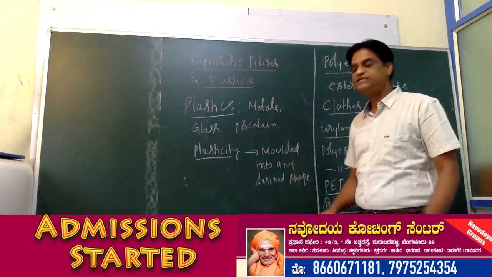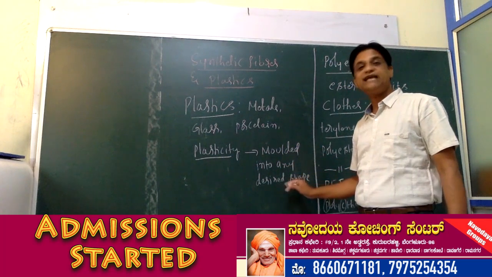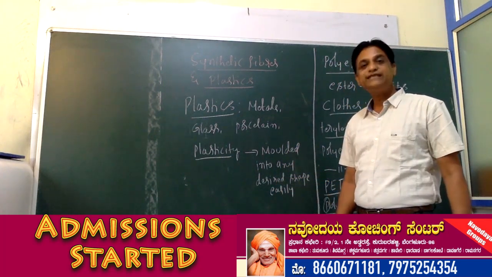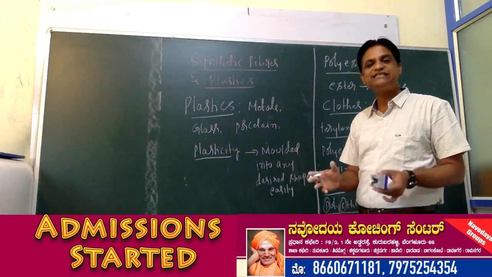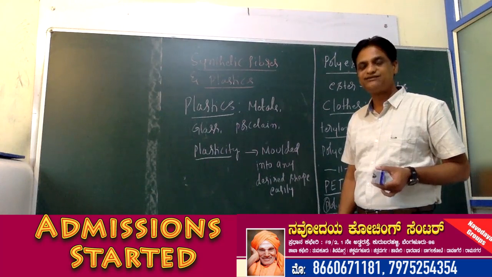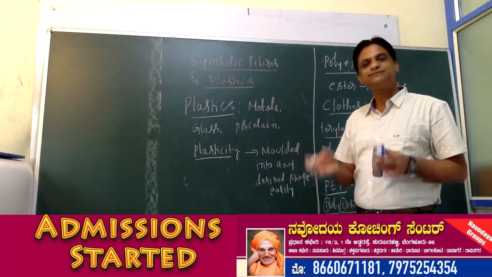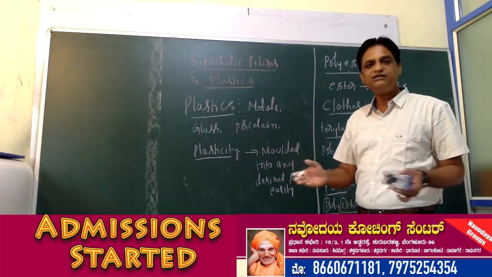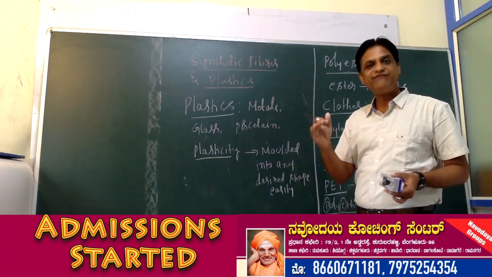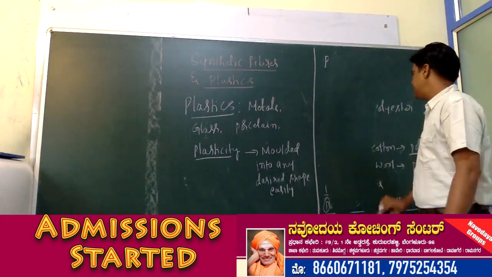So in the molten state, plastic can be molded into any desired shape easily. So since it possesses plasticity in molten state, it was given the name plastic. Okay. So that is one. So what are plastics? Already we have discussed the chemical composition of fibers. See, like fibers, plastics are also polymers.